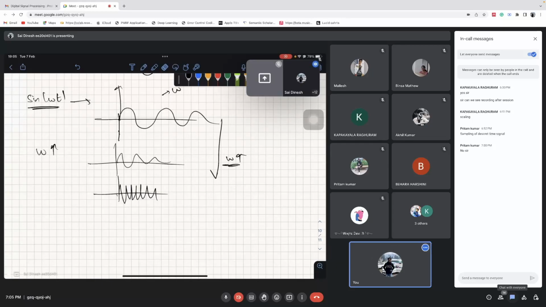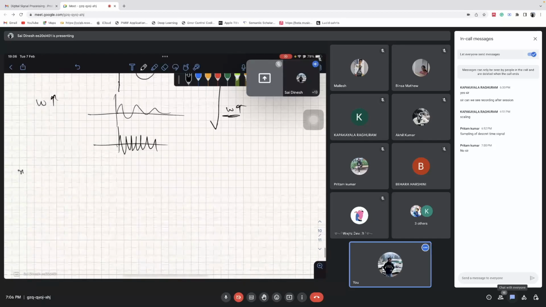If I want to explain it, say x of t is equal to sine omega naught t.